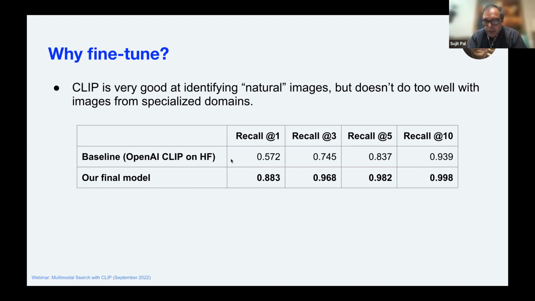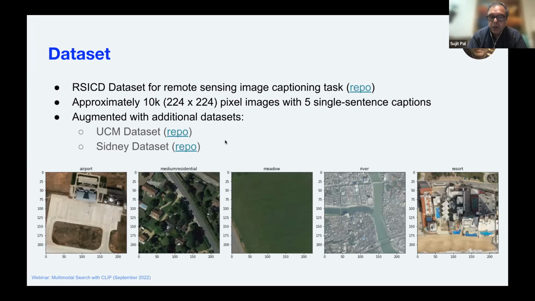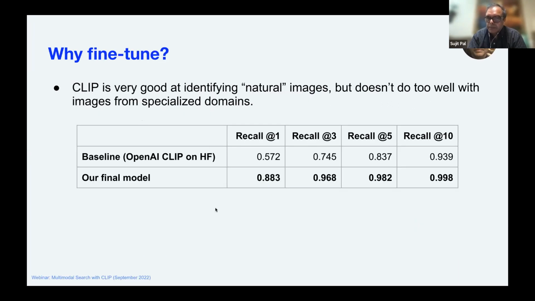So, out of the box OpenAI CLIP on our test set of satellite image text pairs gives you a recall at 1 of 0.57 and recall at 10 of 0.93.